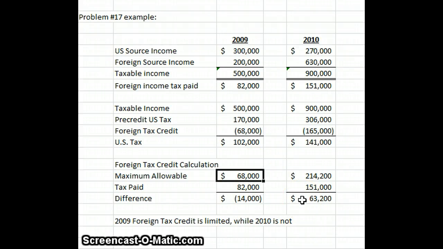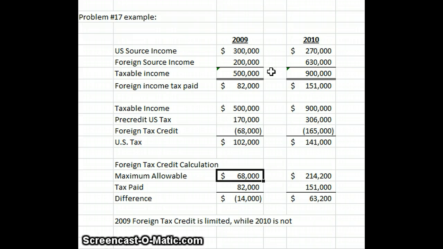Okay, so next we want to calculate our foreign tax credit. I have this down below, and we want to calculate the maximum allowable. So I can only take the credit for what is apportionable to my federal tax. So I take my foreign source income of $200,000 divided by my taxable income of $500,000.